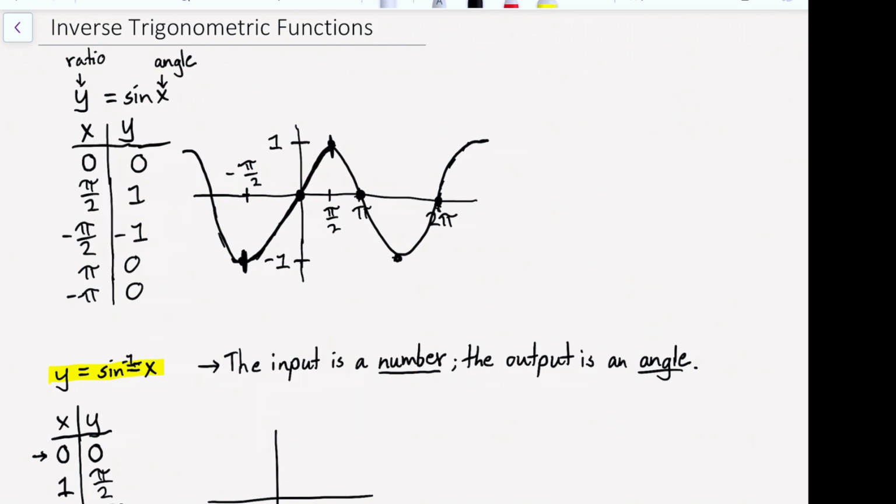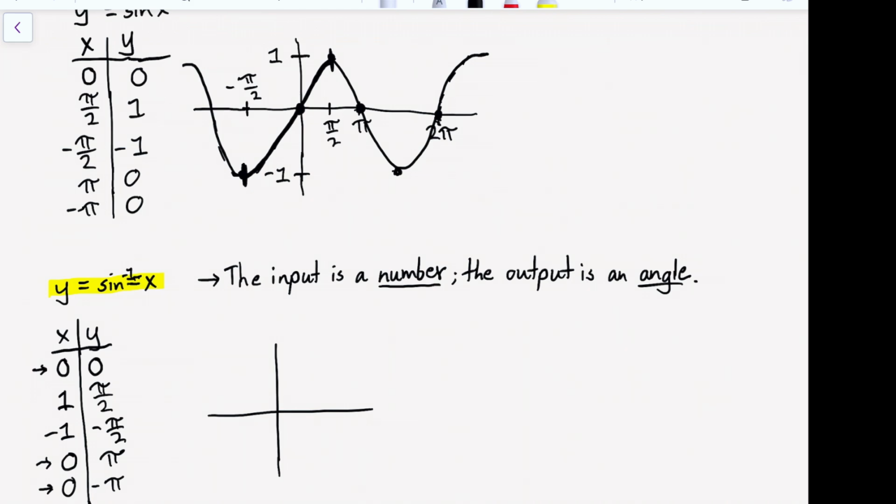We will only look at this segment of the graph. Therefore, we won't have to worry about any values outside of that segment. We can forget about these 2 points. And when we reverse that picture, we get something that looks like this. The graph of sine inverse of x appears something like this.